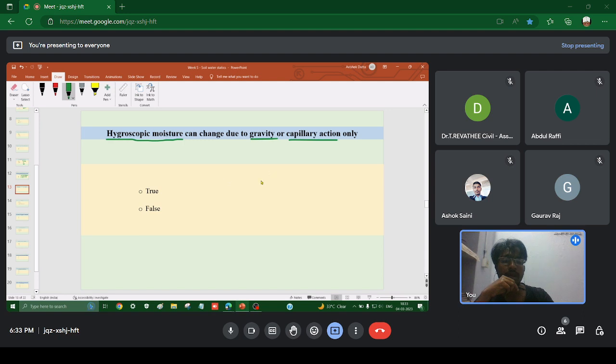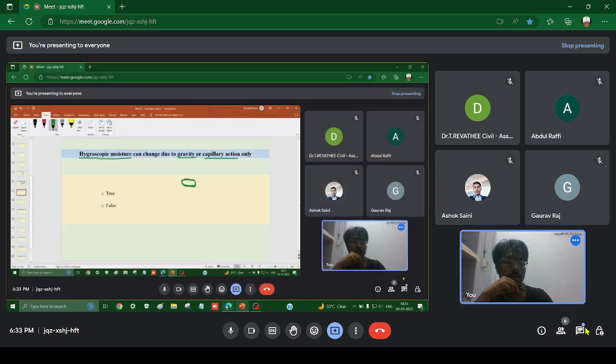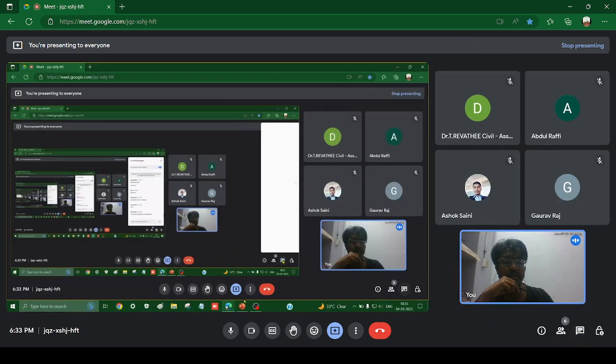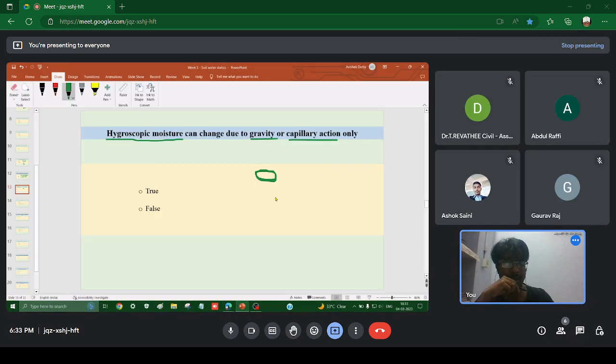I'm considering a soil grain, and the effect of the adhesion property on this particular grain. Does gravity or capillary action have any effect on the adhesion property of this grain? Yes, temperature and pressure are some properties which may have an effect on the fluid getting absorbed. We are only concerned about the soil particle and the moisture on its surface.